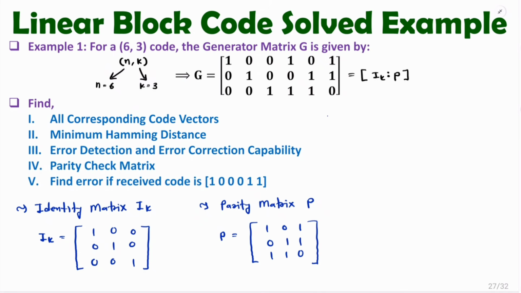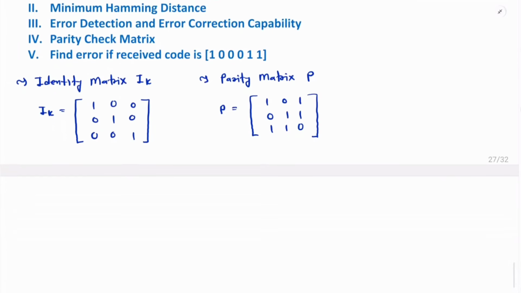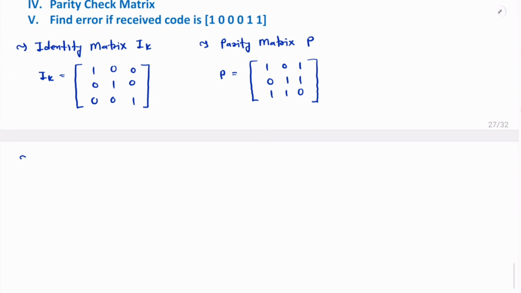See, based on this generator matrix, we need to understand all the corresponding code vectors. So here I'll explain how to generate a code word. Let me explain that. See, if you want to generate a code word, then the code word matrix is C. And the code word is information times the generator matrix.